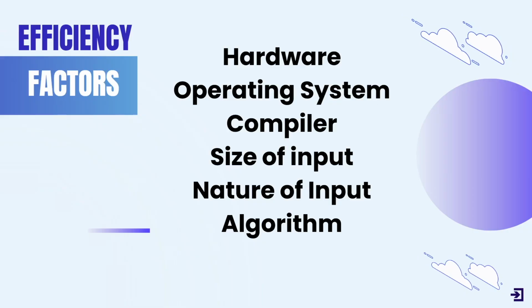For instance, the hardware on which you run your program, the underlying operating system, the compiler with which you compile your source code into its equivalent object code, the size of the input, the nature of the input, and finally the algorithm. Now we are looking at only the algorithm and the size of the input to analyze the efficiency of an algorithm.